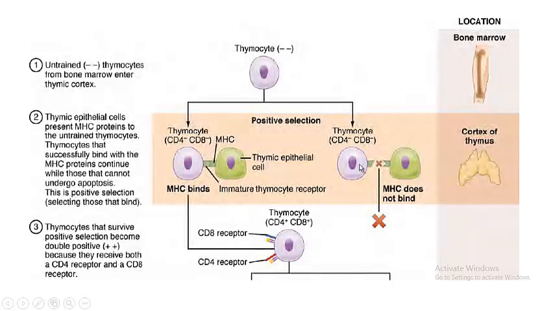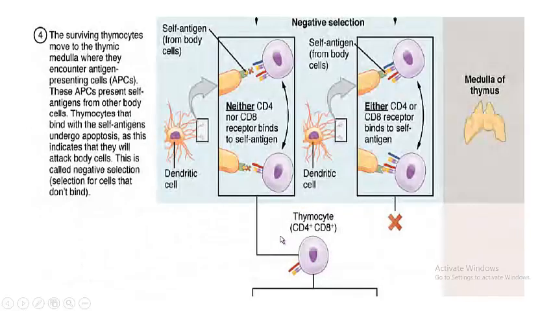Whereas if a T cell that has entered the thymus does not recognize the MHC protein presented by the thymic epithelial cells, then that type of T cell gets discarded. So there is a first level of selection here. One which binds with the MHC protein gets selected.